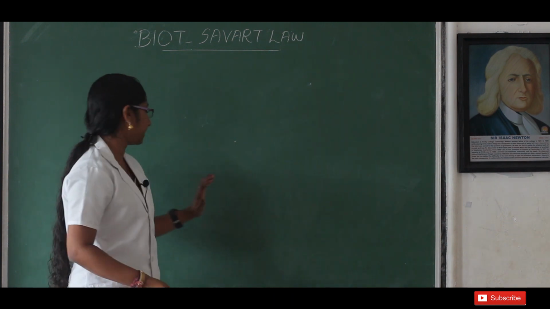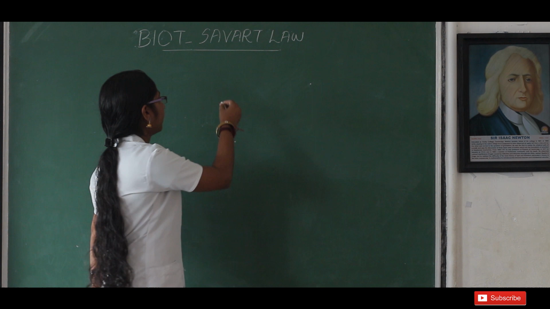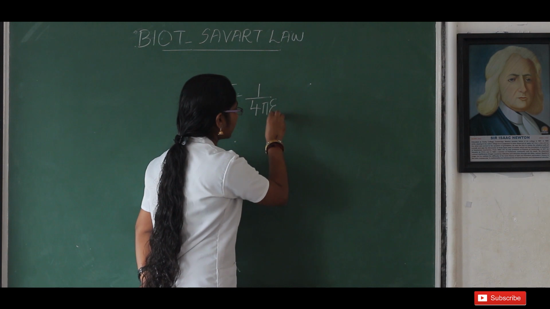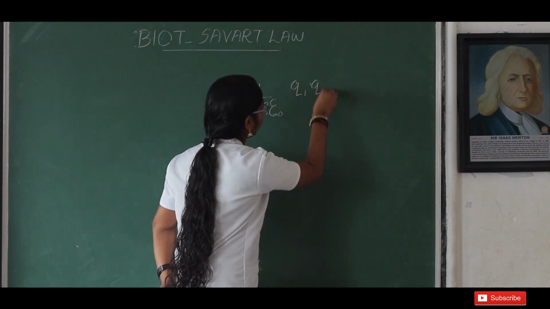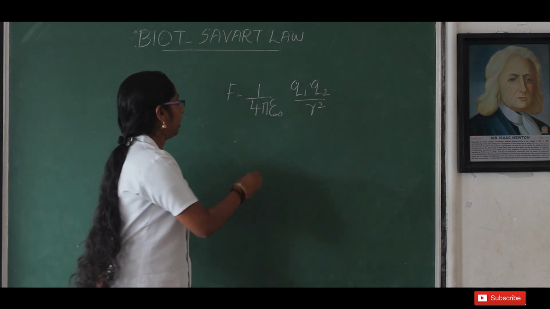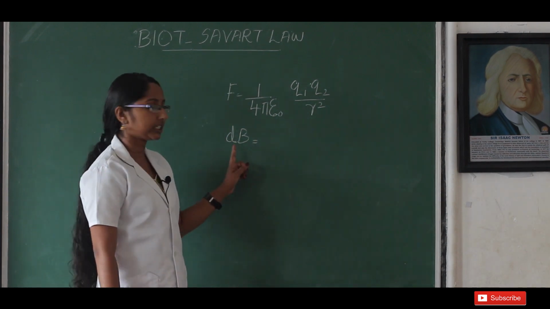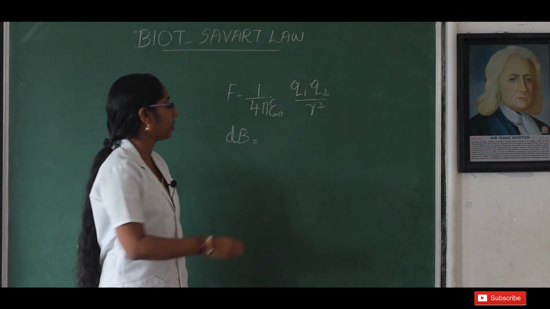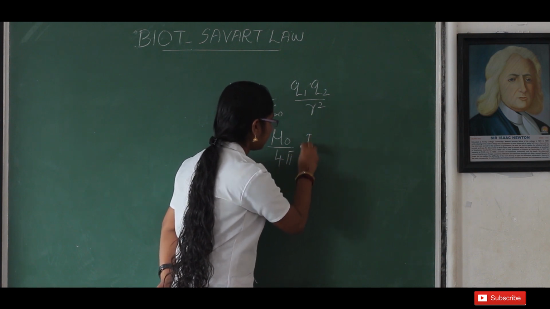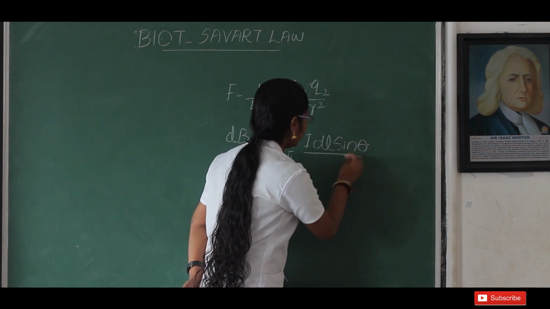And in the previous chapter, we have studied one equation for Coulomb's law. That was F is equal to 1 by 4 pi epsilon 0 Q1 Q2 by R square. It's the equation for Coulomb's law. And the magnetic field, from our Biot-Savart law, we get the equation for magnetic field dB equal to mu 0 by 4 pi I dl sin theta by R square.